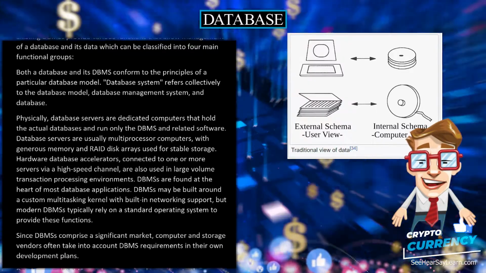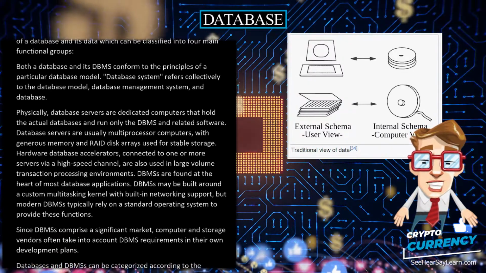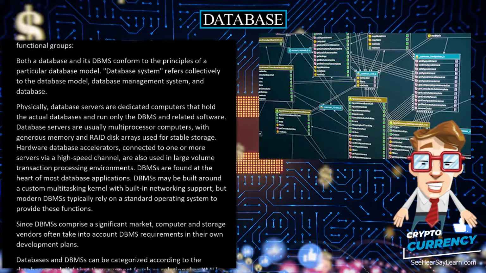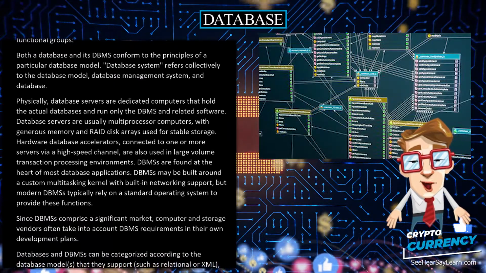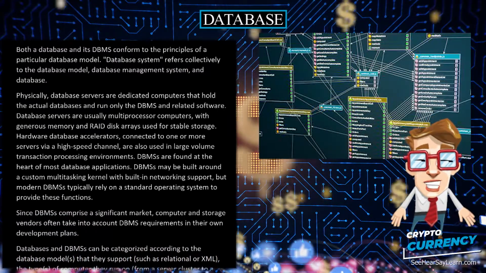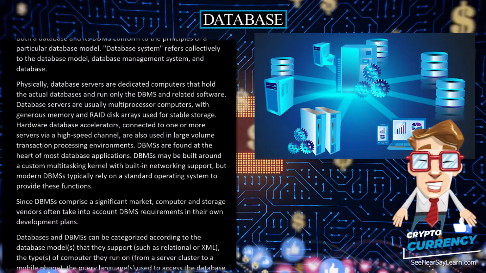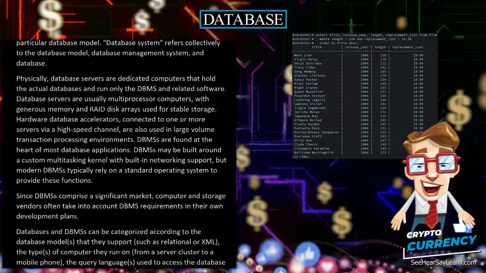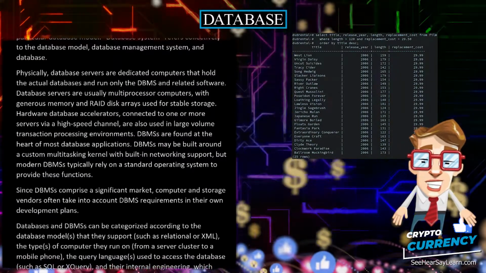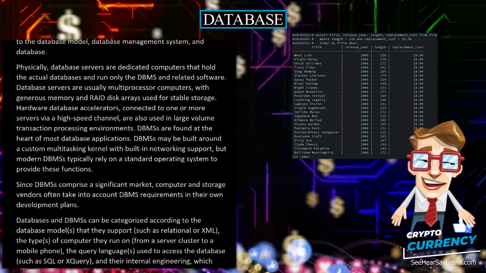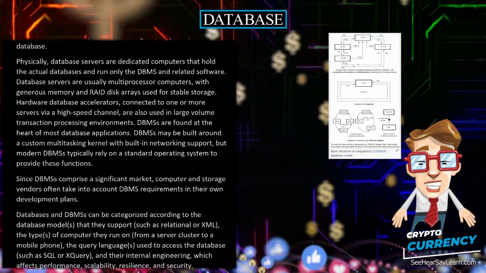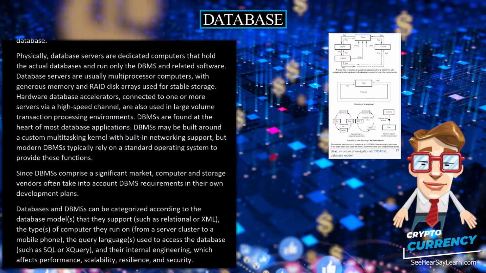Database servers are usually multiprocessor computers, with generous memory and RAID disk arrays used for stable storage. Hardware database accelerators, connected to one or more servers via a high-speed channel, are also used in large-volume transaction processing environments. DBMSs are found at the heart of most database applications.